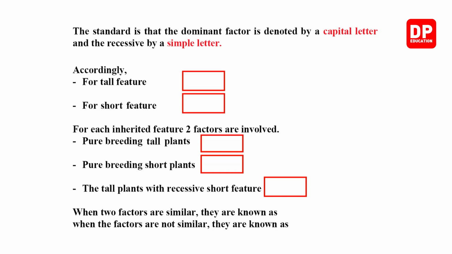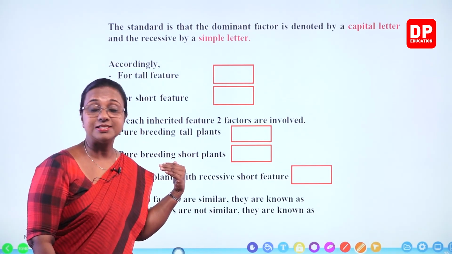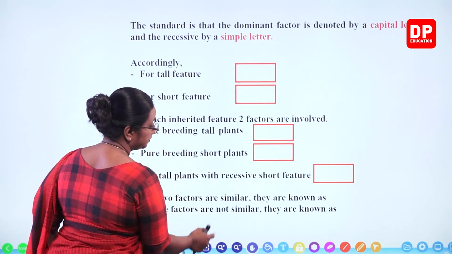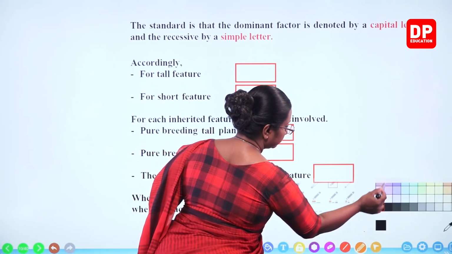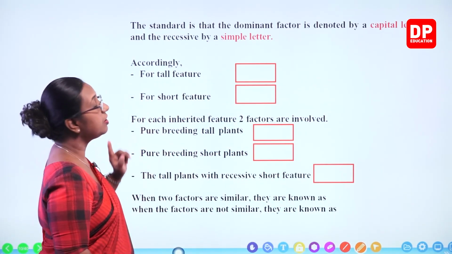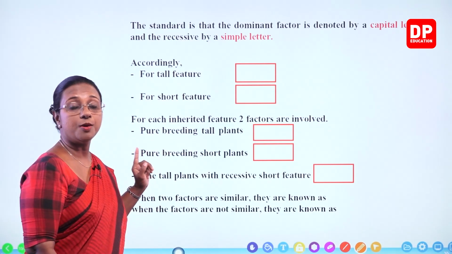So the standard is that the dominant factor is denoted by a capital letter and the recessive by a simple letter. That is what we discussed in the previous slide. So here, if you look at this, you can see accordingly for tall feature. Tall is the dominant character.